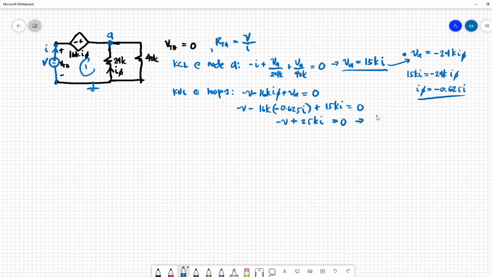So our V over I is equal to RTH, which is equivalent to 25 kilo ohms. Going back to the original circuit, we have a simple parallel RLC circuit.